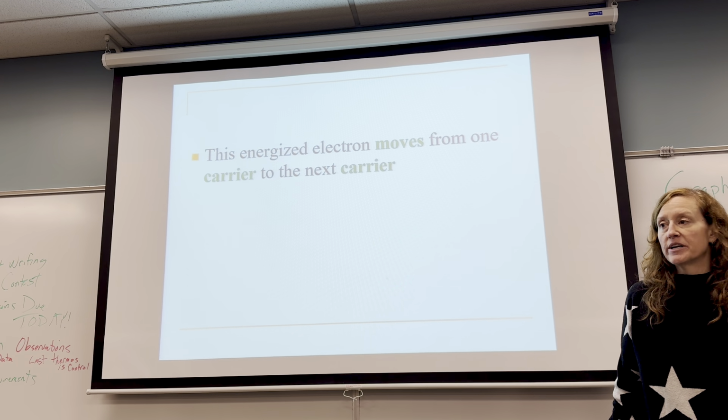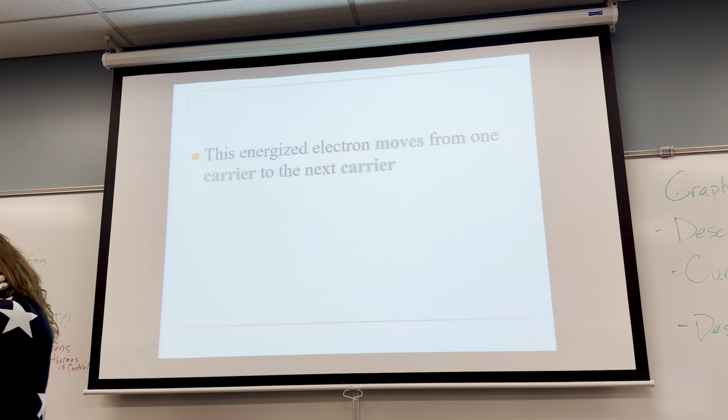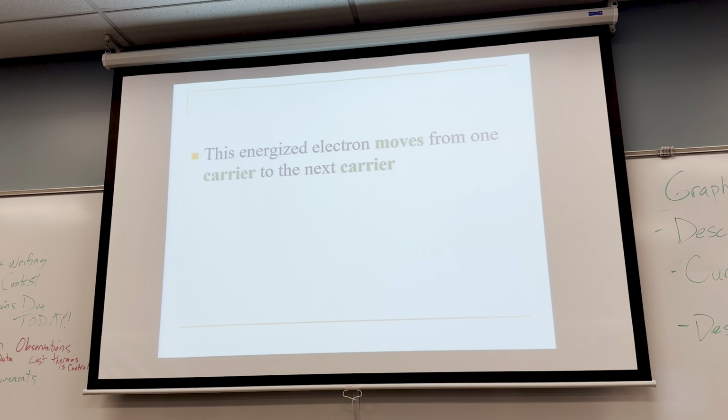In our electron transport chain, they jump from carrier to carrier to carrier. And with every jump that they make, they give off a little bit of energy to glue together an ADP plus a P when we're talking about photosystem 2.